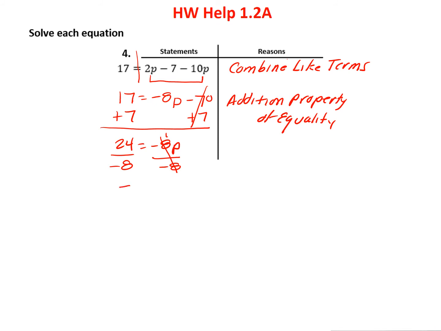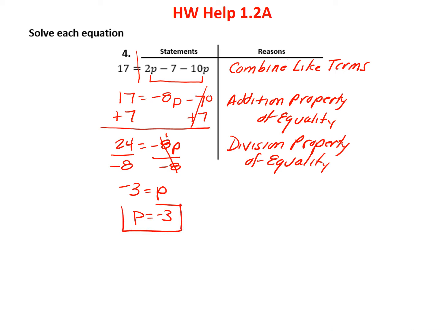So this is going to be negative 3 equals p. We did this because of the division property of equality. And like we did before, we can simply switch those around and say p equals minus 3. And that is our answer there.